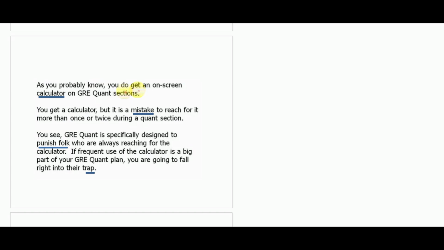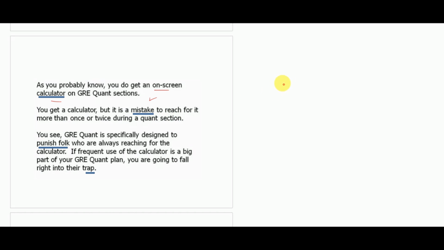So one thing is that you don't want to get the on-screen calculator on the GRE every time you encounter a mathematics question. We have this bad habit, all of us, that whenever we see a maths question, we always resort to a calculator. But it is a mistake, remember, to reach for it more than once or twice during a quant section.